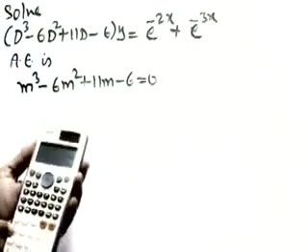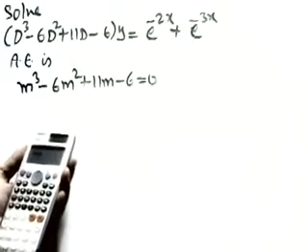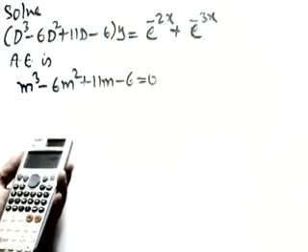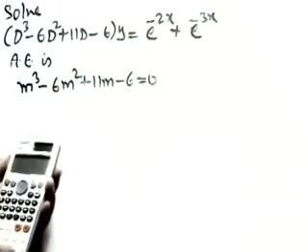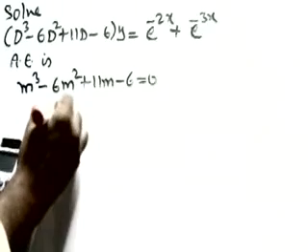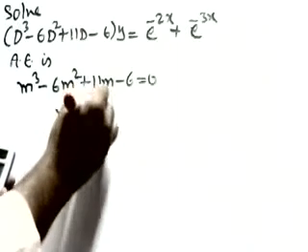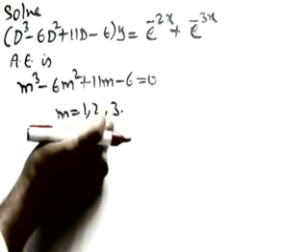Now see here how to do it. Take MODE and go into equations, number 5. This is a cubic equation. Cubic equation is the fourth one. Now the coefficients are 1, minus 6, 11, minus 6. So you will get the values of m. So m equals 1, 3, 2. So we got three values for m.